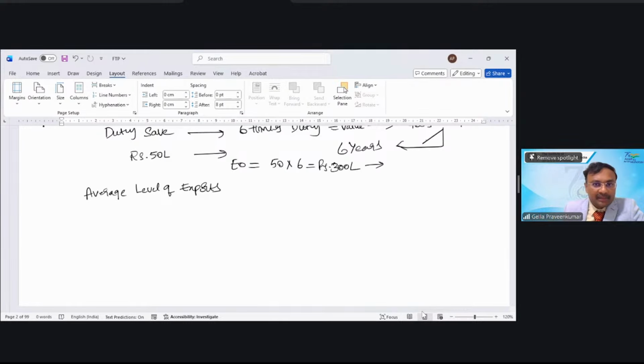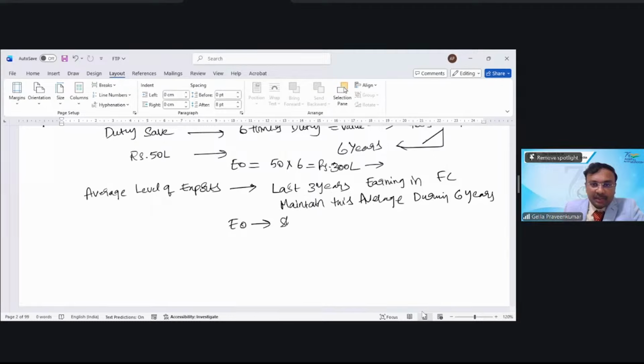That means, look at your last 3 years: what is your earning in foreign currency? Maintain this average during the 6 years. The export obligation should be over and above the average performance.